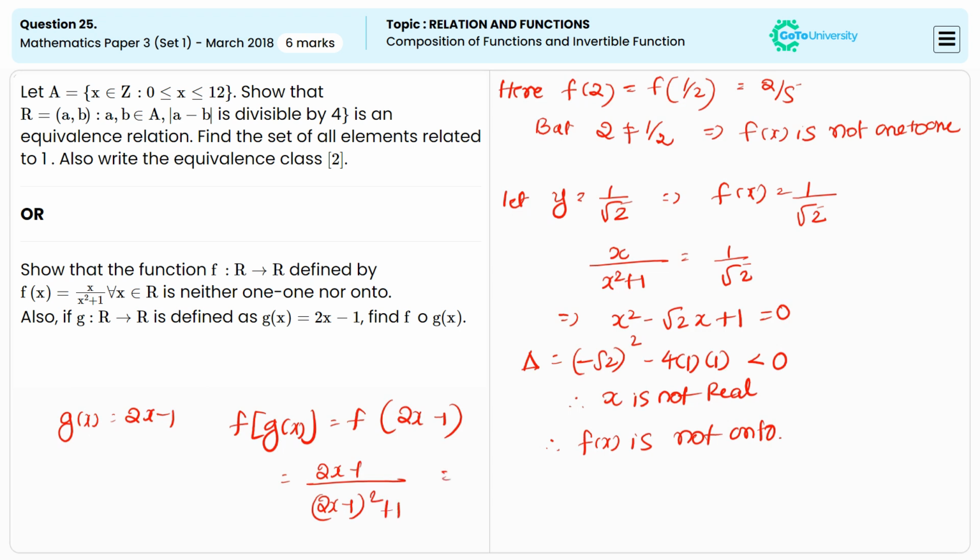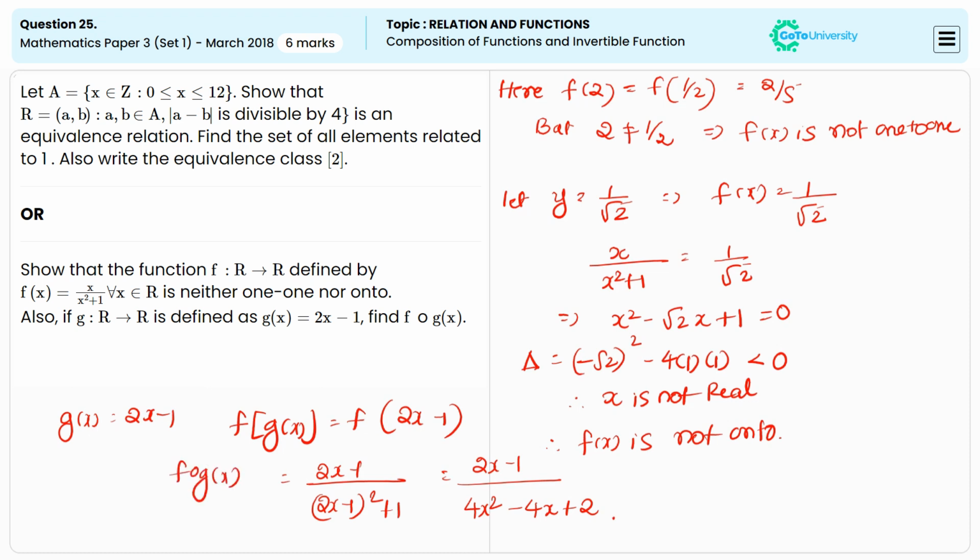If you further simplify, you get 2x minus 1 divided by 4x square minus 4x plus 2. So this is our f of g of x.